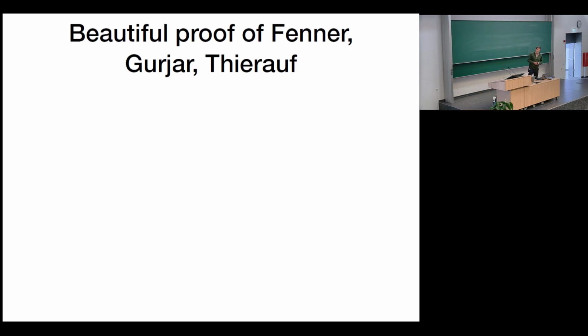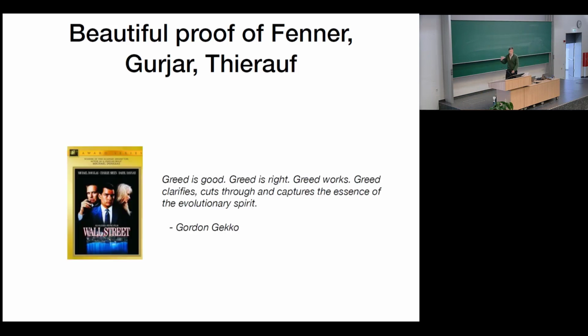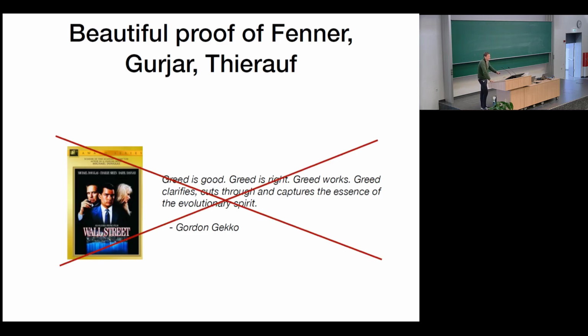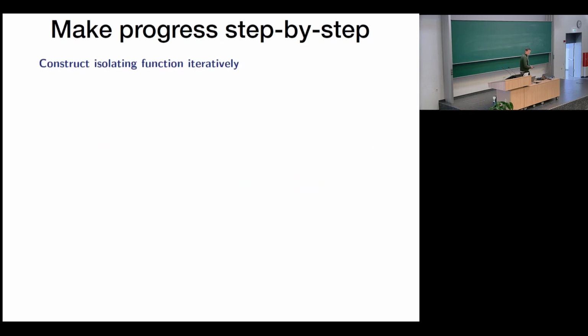Okay, so now what did Fenner, Gurjar and Thierauf do? In computer science, there are a lot of greedy algorithms and so on. But maybe one of the main insights was that you should not be greedy here. So let me explain. Remember, we want to show that there is a weight function that isolates the perfect matching, meaning that it's a unique min-weight perfect matching.